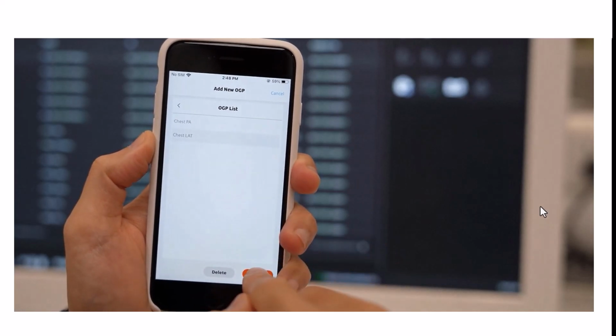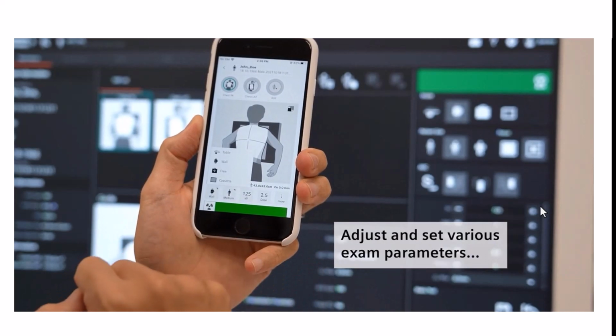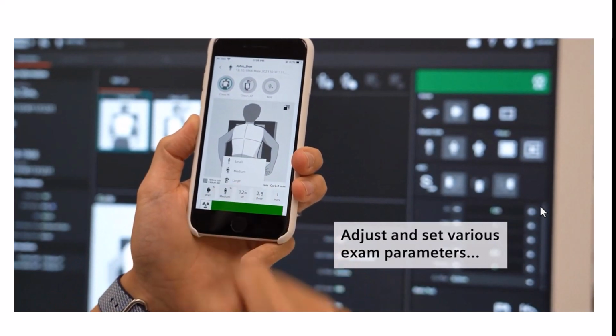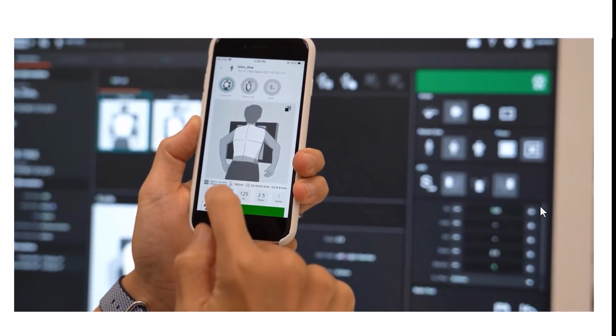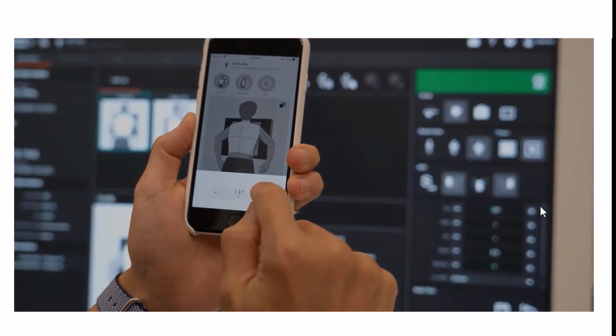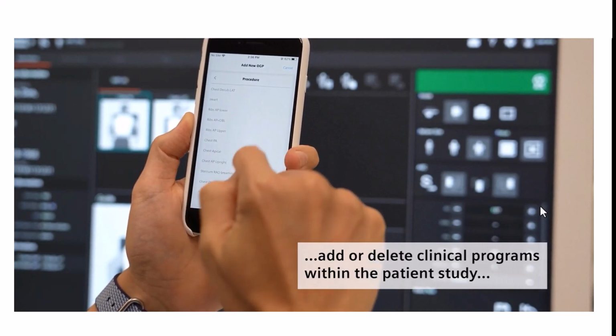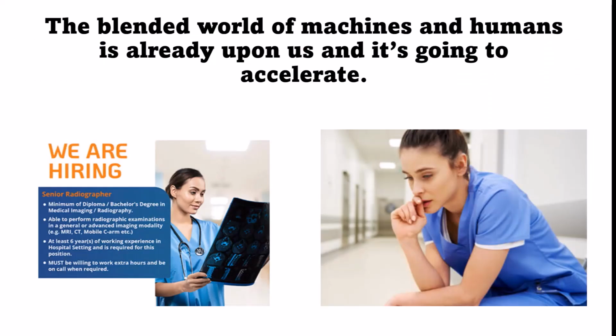Being able to use all of the equipment and ancillary equipment that you have at hand for protocol-driven X-ray examinations using AI is important for the patient, the technologist, the healthcare provider, and the healthcare system.